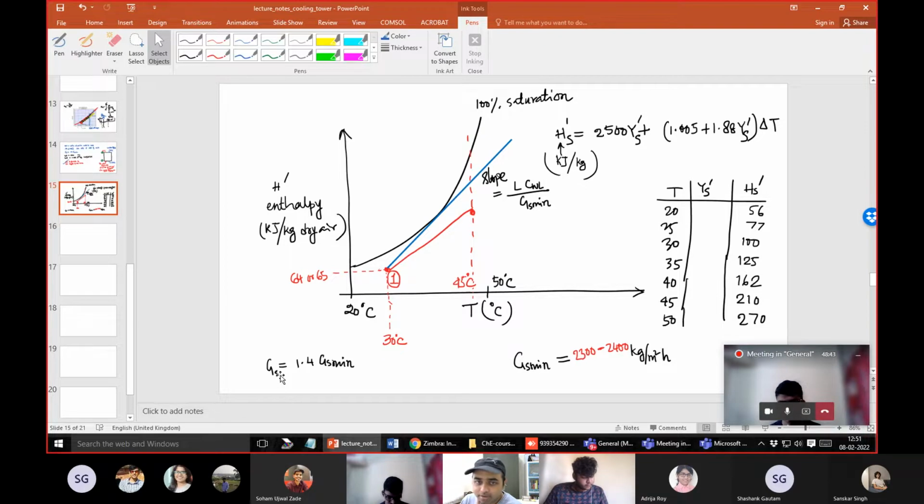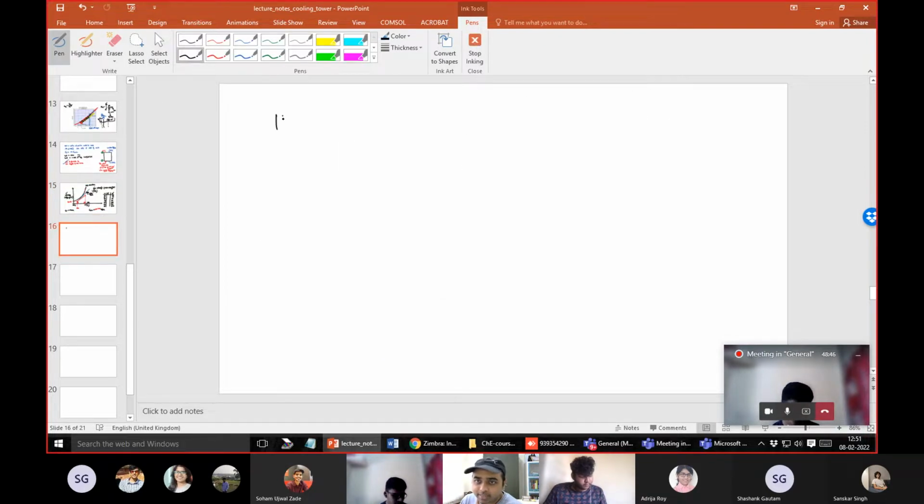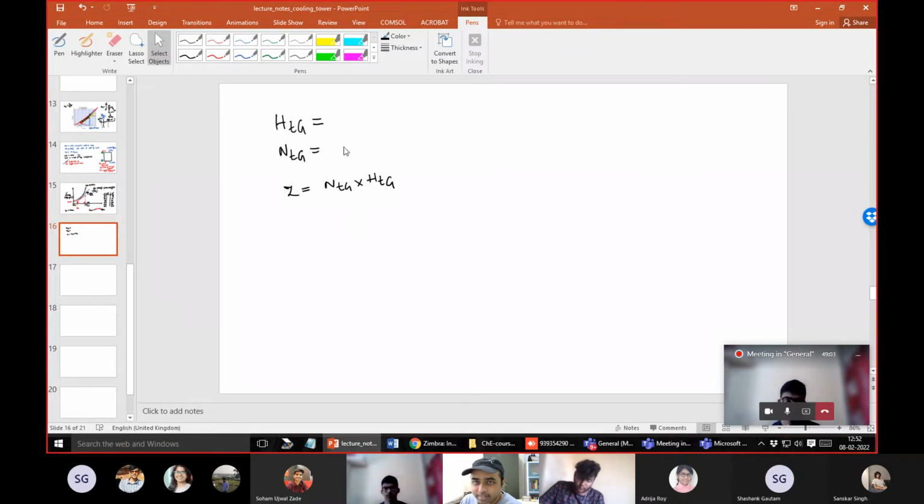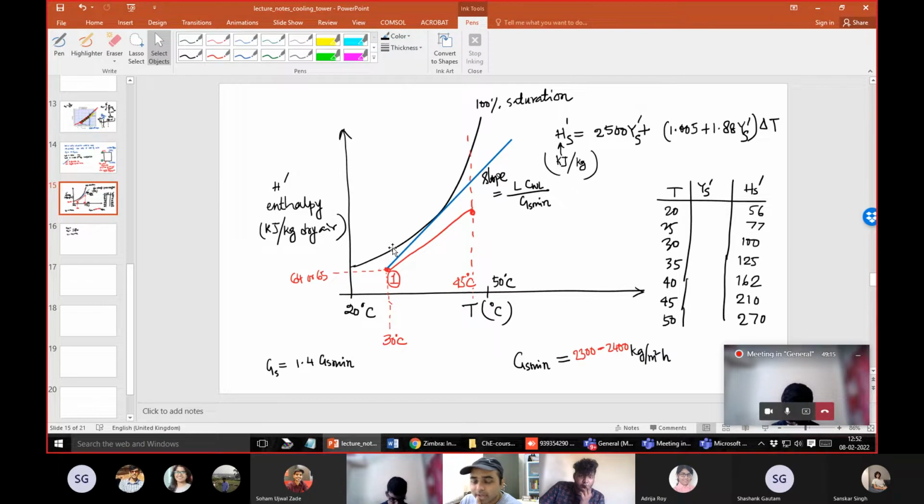Now what to do? Now you have to calculate your HTG and NTG, because the final height is the multiplication of NTG cross HTG, isn't it? And to calculate your NTG is nothing but this integration of dH by (Hi prime minus H), isn't it? This is what your NTG is. So to calculate that, you have to take help of the tie lines, right?